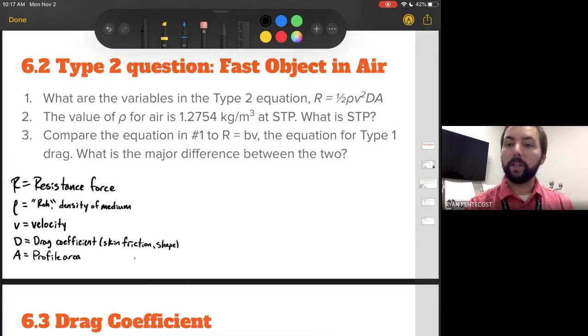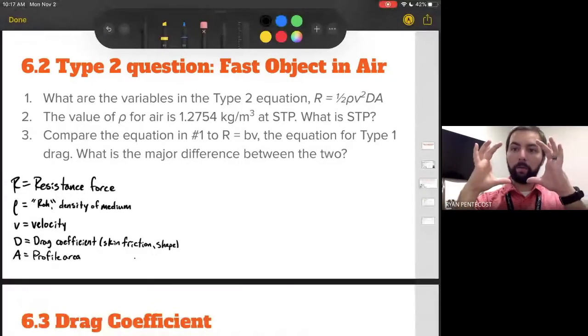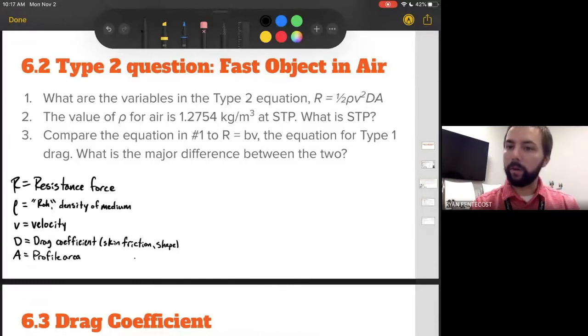Drag coefficient actually takes into account the shape, right? So, for example, we have a soccer ball and a football, right? They have very similar profile areas with the exception of the strings on the football that cause a slight little ridge, right? But when you look at them head on, as they are thrown, they're both a ball, and a very similar size. Now, they fly very differently though, and that is not due to their profile area, that is due to their shape.